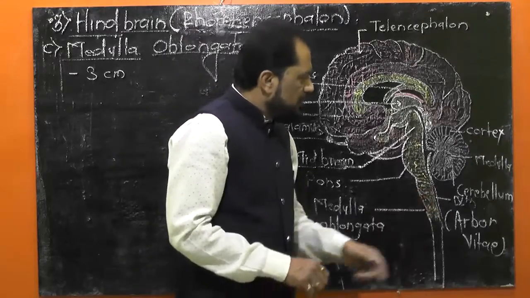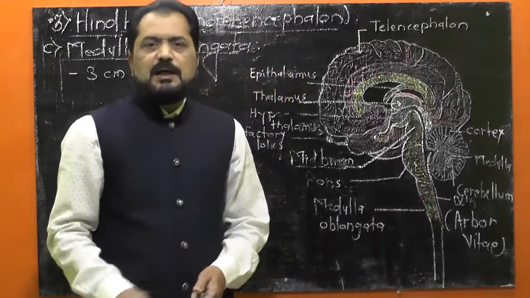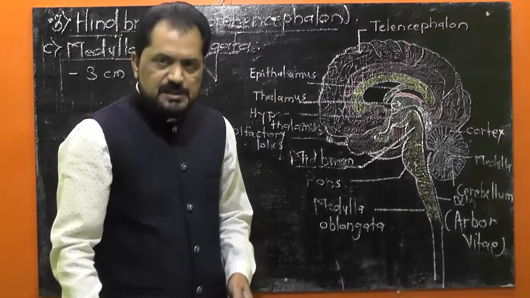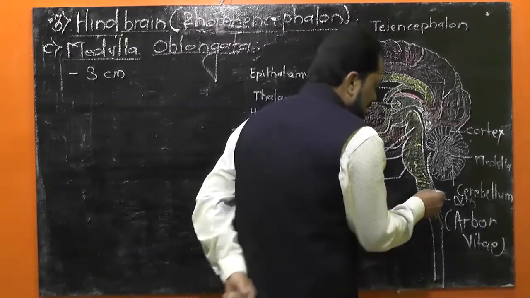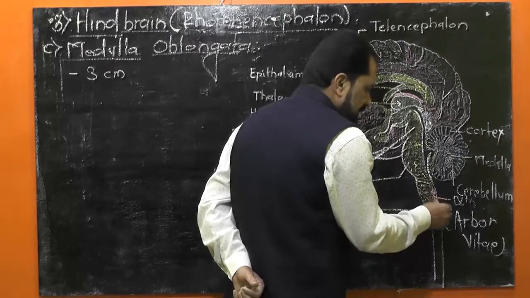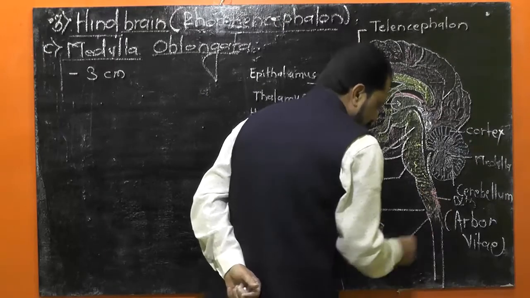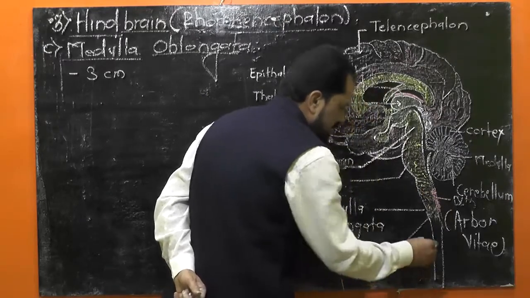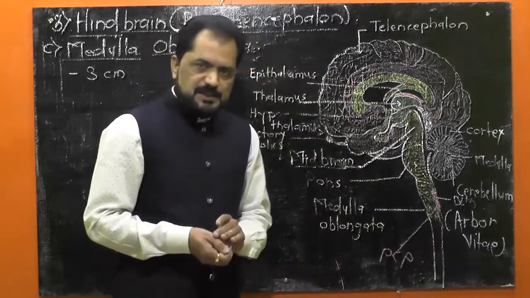The roof of medulla oblongata is highly vascular. It means it is very rich in network of blood capillaries. It is known as PCP, that is posterior choroid plexus.